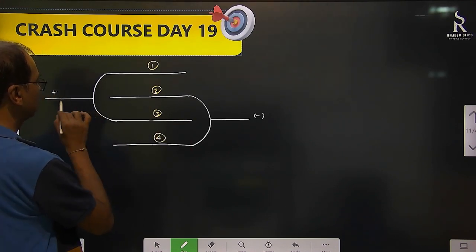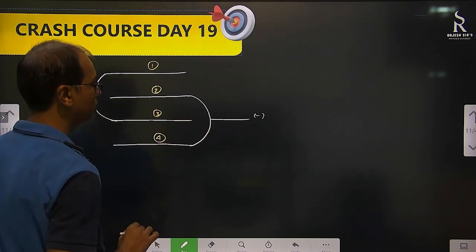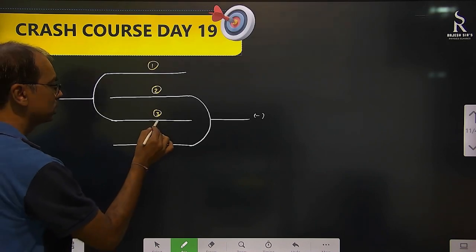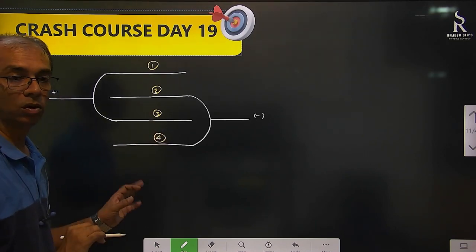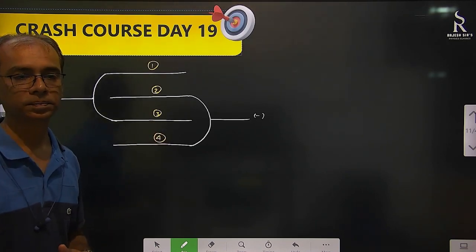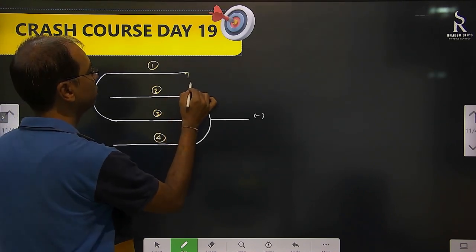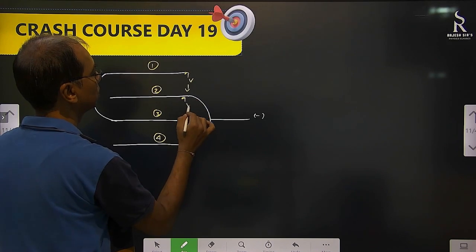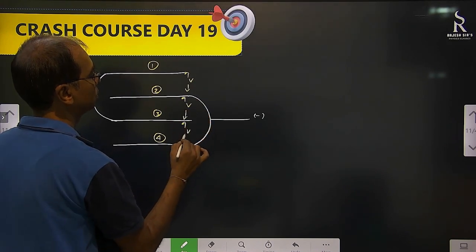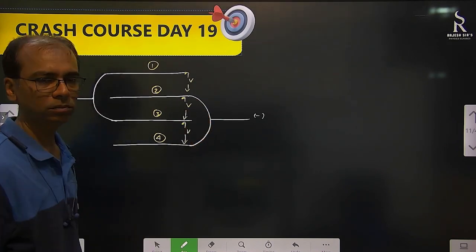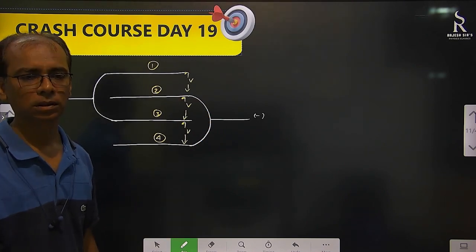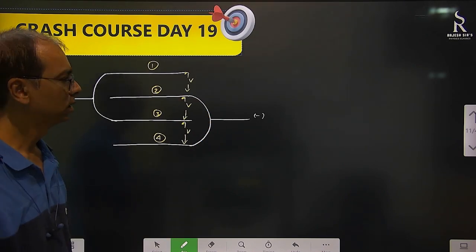So 3 is connected with the positive end, 2 is connected with the negative end. 3 and 4, again this is positive, this is negative. That means all are directly connected with positive and negative end of the battery. That means across this also potential difference is V, across this also V, across this also V. Parallel connection. It will be what? C1 plus C2 plus C3.